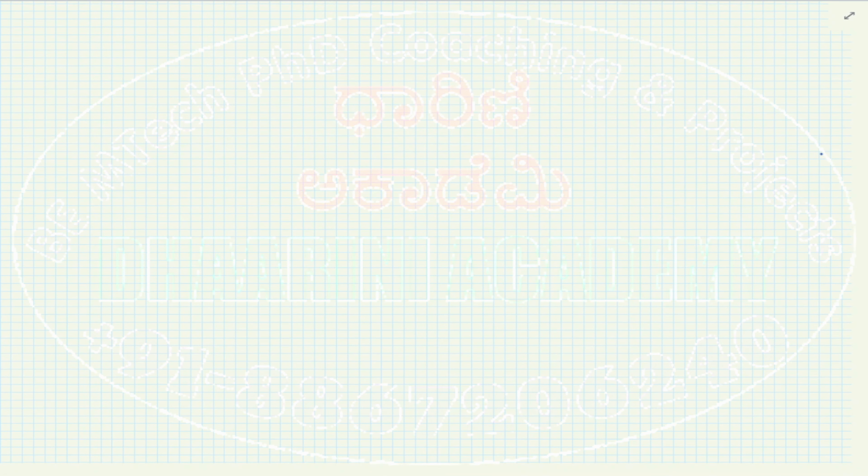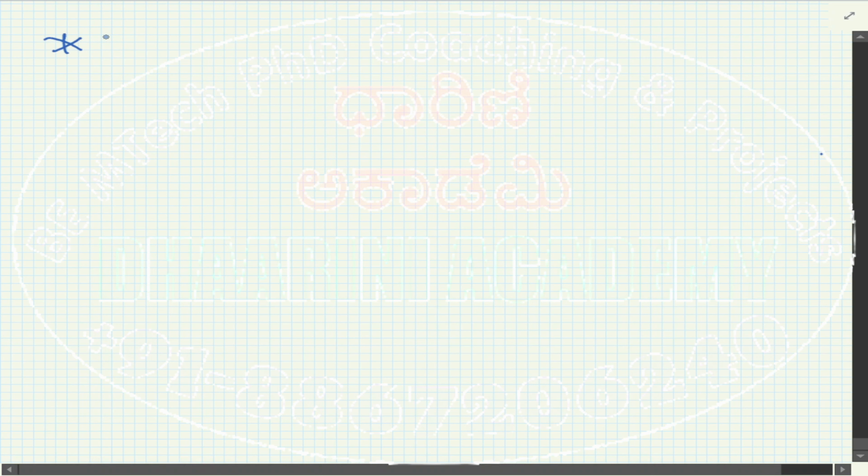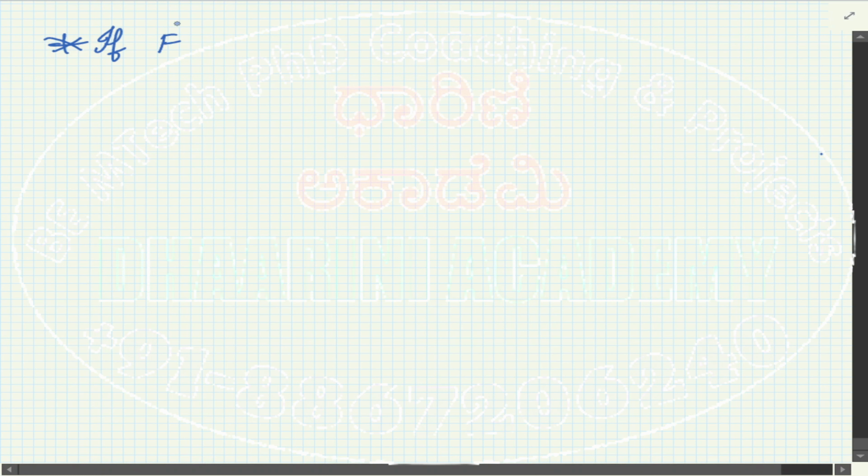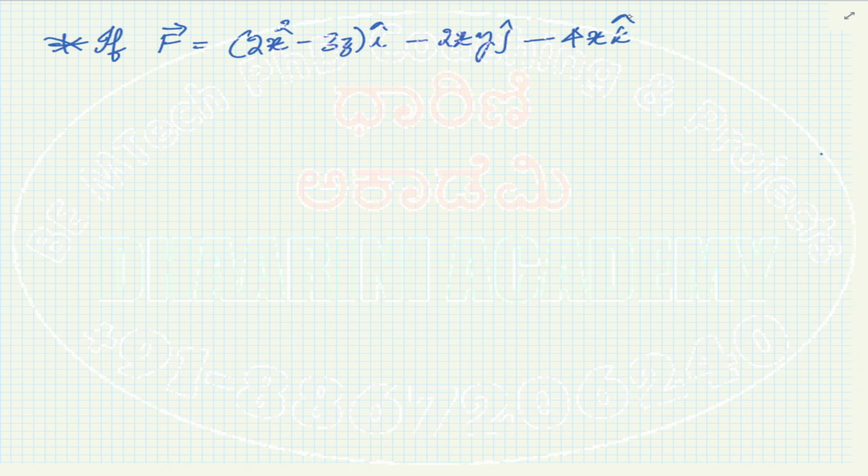So question number 1 is, if vector F is equal to (2x squared minus 3z) into i cap minus 2xy into j cap minus 4x into k cap, right?